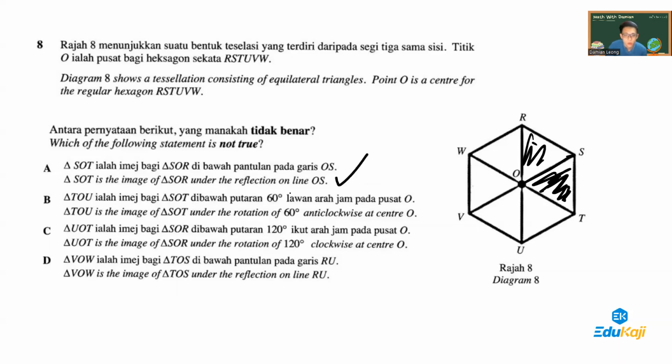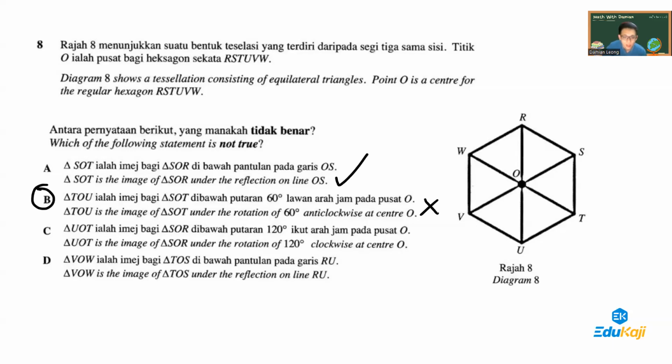This is true. Triangle TOU, this one. It's the image of SOT, this one, under rotation, 60 degrees anti-clockwise. TOU image of SOT anti-clockwise is wrong. This way is clockwise. So the one that is not true would be B.